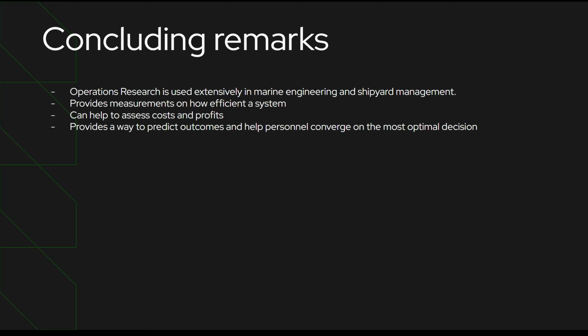They can help to assess costs and profits. They can also provide a way to predict your outcomes and help personnel converge on the most optimal decision. What that means is basically it allows us to determine the most optimal decision based on probabilities and data itself, like having a little fortune teller to help us make the best decision to ensure that we will profit or reduce our costs as much as possible in the long run.